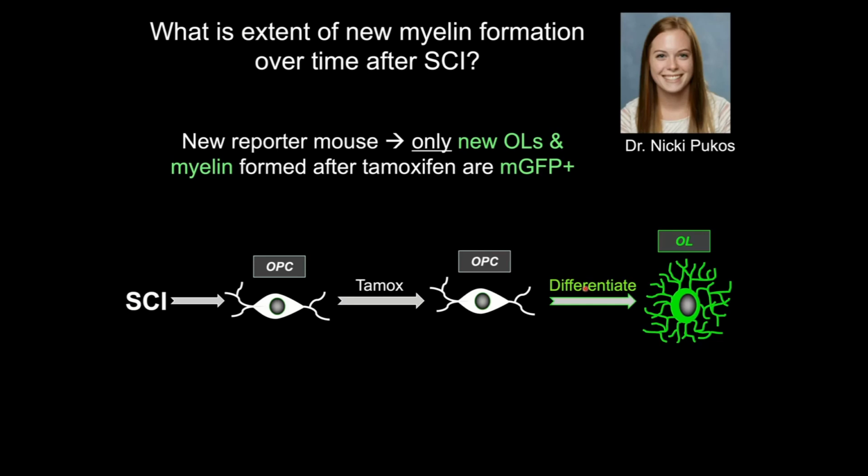And in these new mice, we could again give tamoxifen to the animals at a certain time post-injury, and the OPCs would be affected by the tamoxifen, but they would not express membrane-bound GFP unless they differentiated into new oligodendrocytes. So in this mouse model, we were able to cut out the GFP-positive OPCs and know that if we see GFP-positive cells or myelin, that is all from an oligodendrocyte and is not confounded by the OPC labeling.